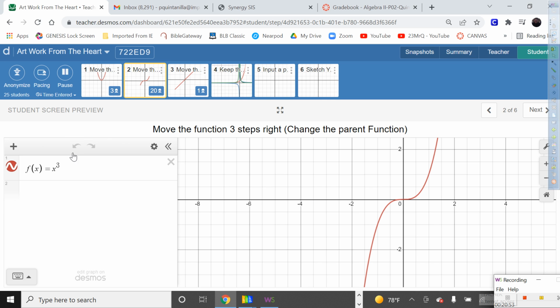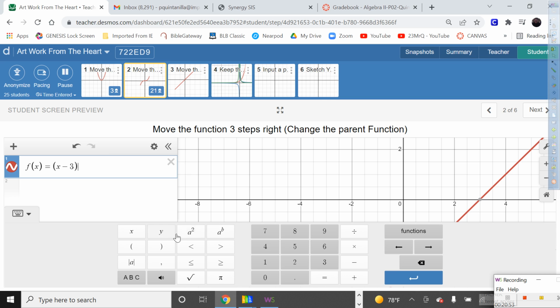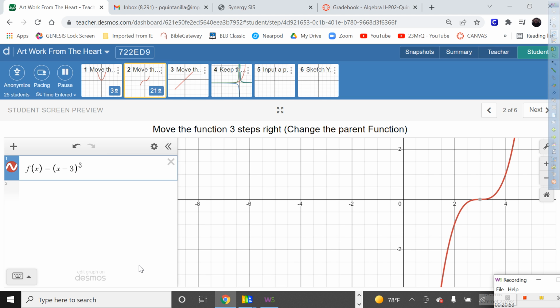All right, Mario, what do I do to this to make it go 3 to the right? Parentheses. X minus 3, to the second? To the third. So we go here to A to the B power and type in a 3. Have you got that?